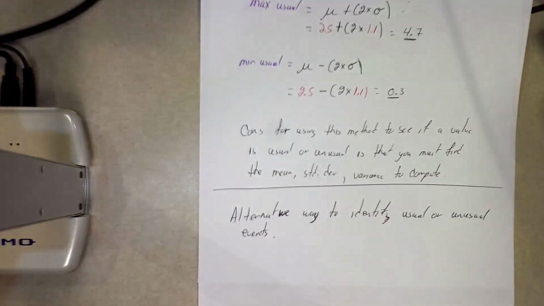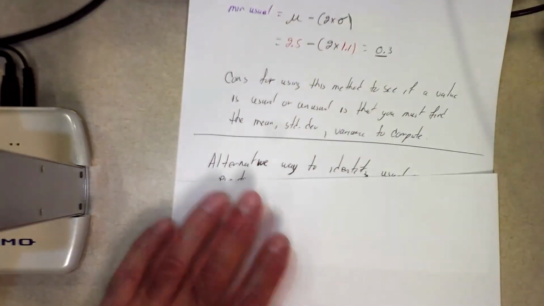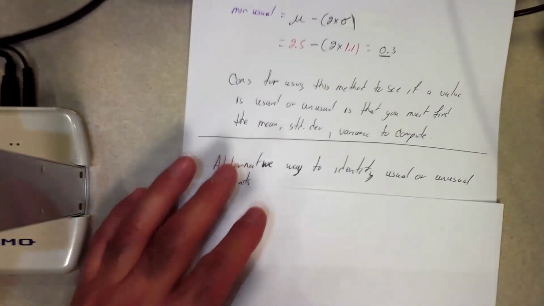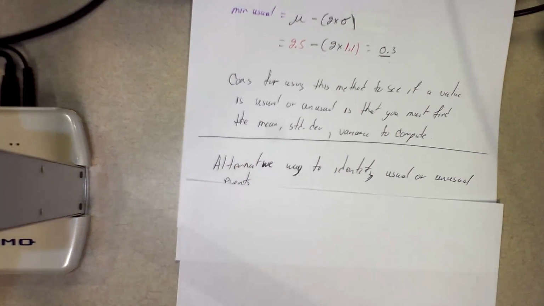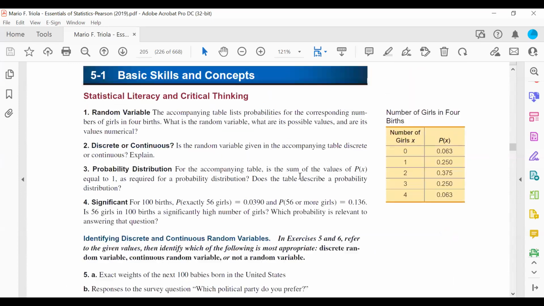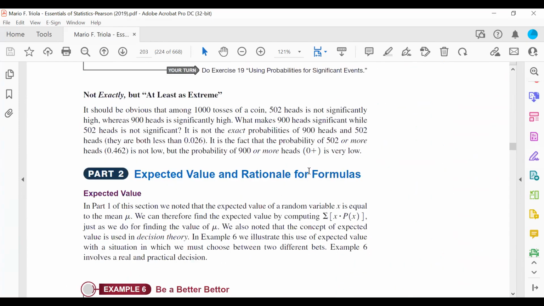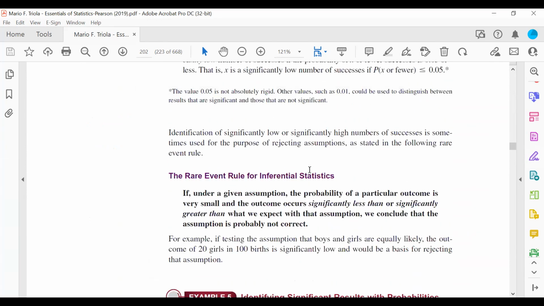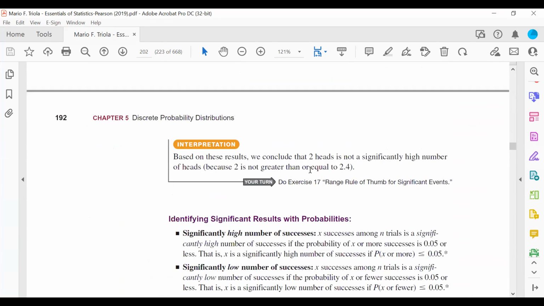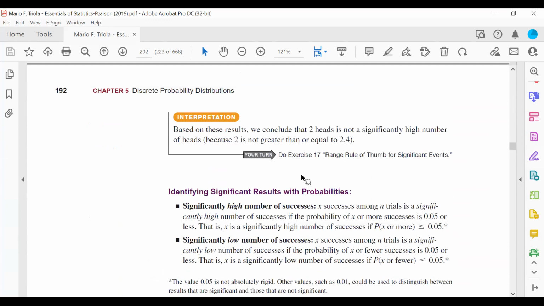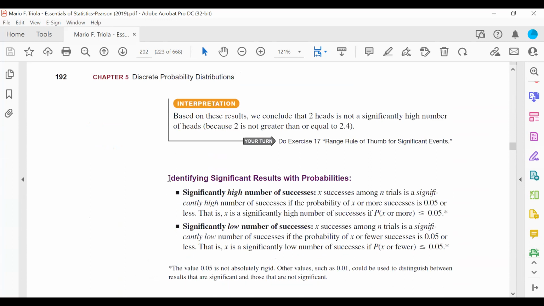All right, so let me show you the alternative. In the book, and it's going to look kind of Greek to you all. Never seen it before, and that's good. It's on page 192, and it's right here.